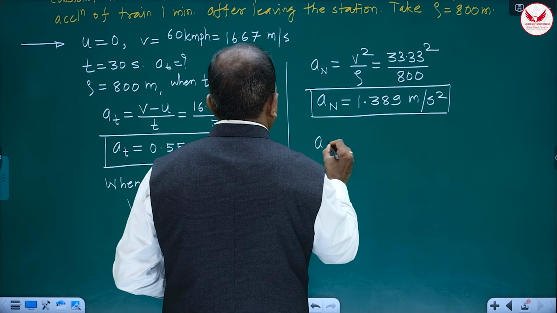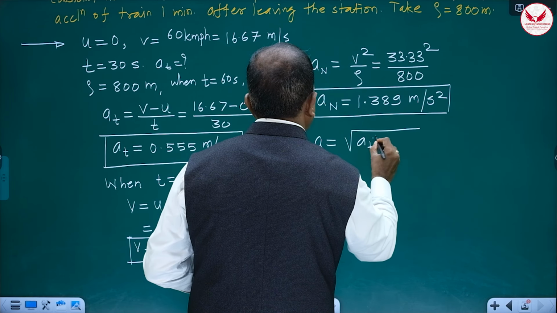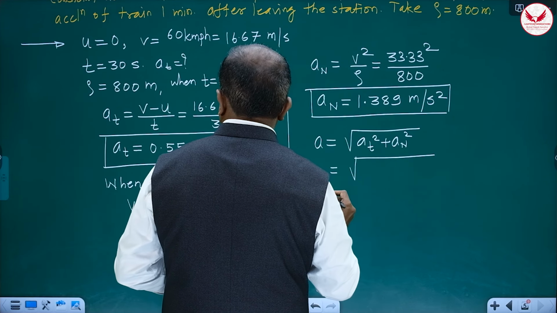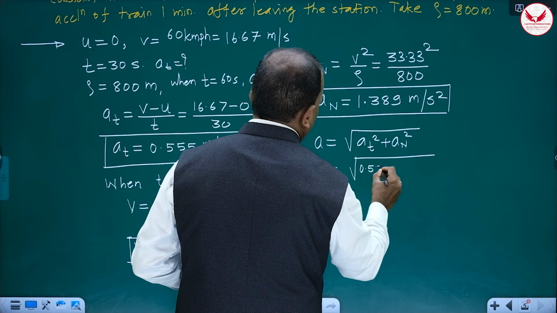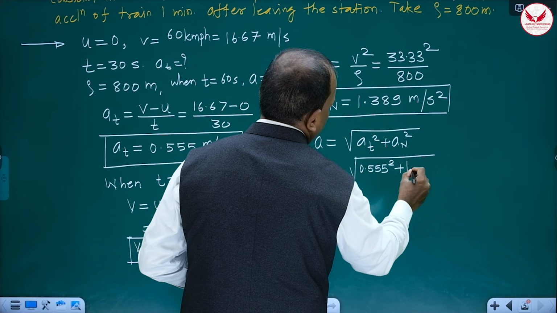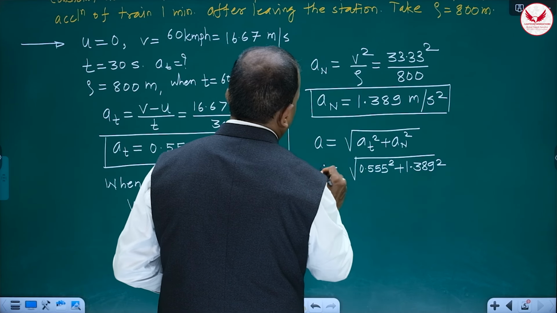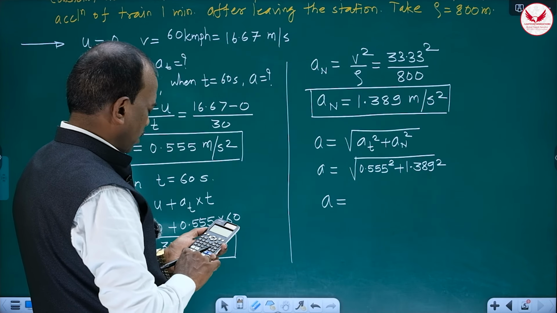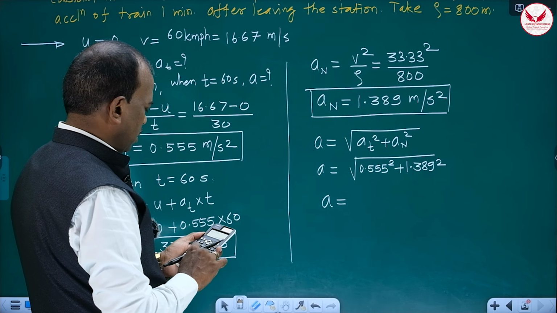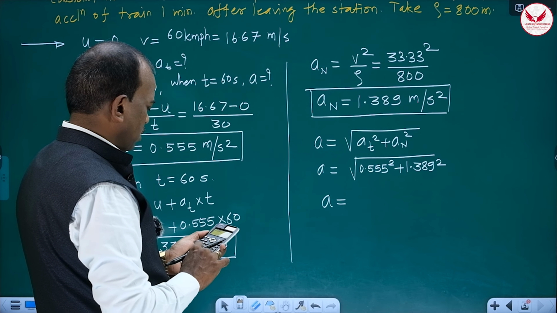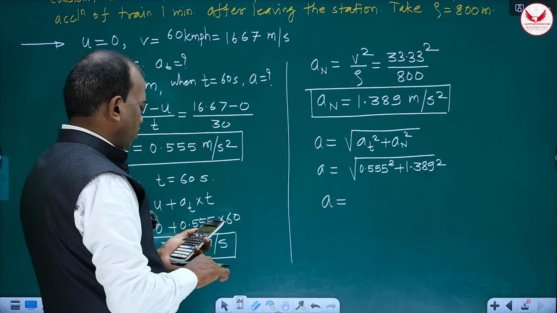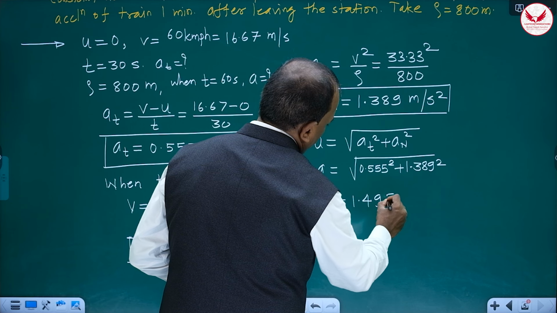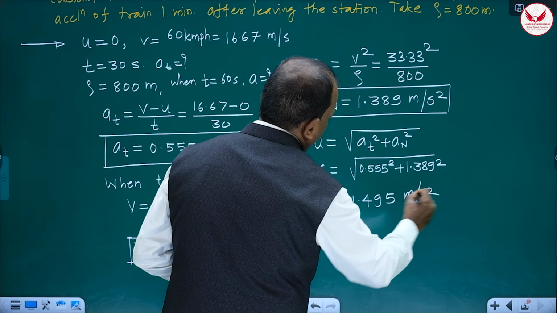Total acceleration, which is A. A is going to be under root AT square plus An square, and it is what? 0.555 square plus 1.389 square, and this total acceleration is 1.495, or almost 1.5 meters per second square.